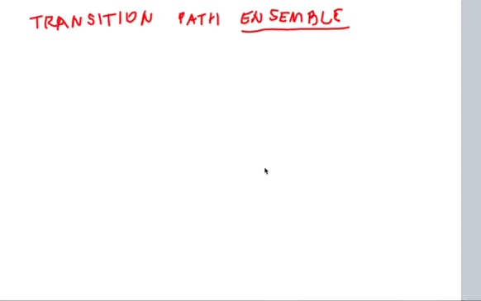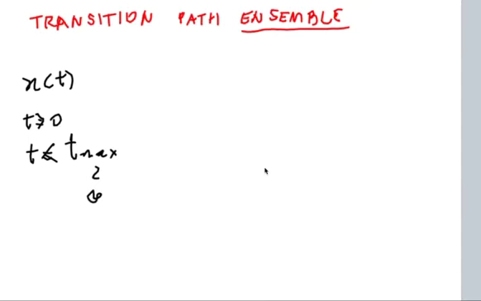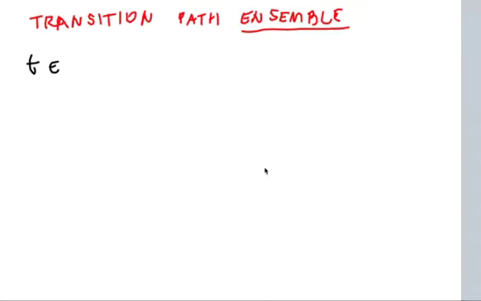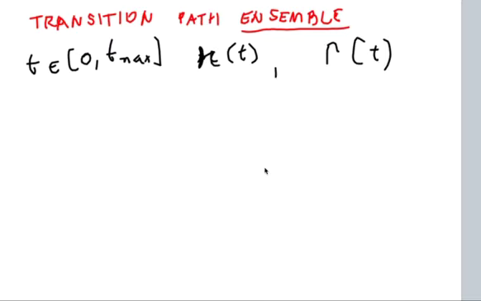Given a path, it goes from, say, t going from 0 all the way to t max, so t greater than 0 and t less than some t max. And this is effectively infinite in the sense that it's long enough for being ergodic. For every t in this interval, I have a position x of t, or a phase space point of t, depending on whether I'm in configuration space or in phase space.